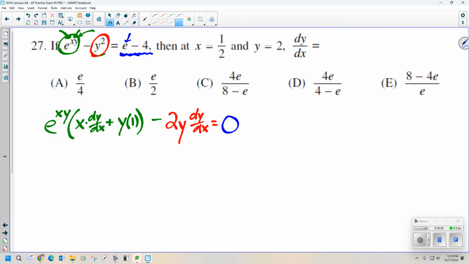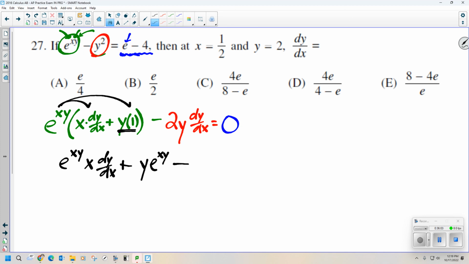All right. So let's smooth this out a little bit, shall we? The first thing I'm going to do is distribute this into here. We want to get rid of these parentheses. So e to the xy times x times dy dx plus, okay, this is just y. So we'll just call that y times e to the xy, minus 2y dy dx equals 0.